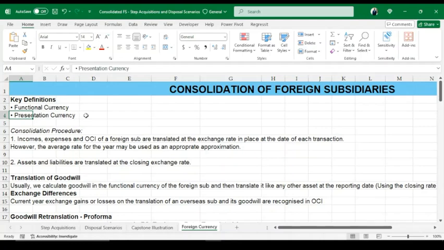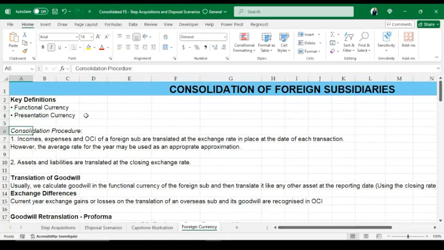Hence, the financial statement should be presented in the same currency. This is why there is the need for us to translate the financial statement of the subsidiary into the presentation currency of the group as a whole before consolidation needs to be done.